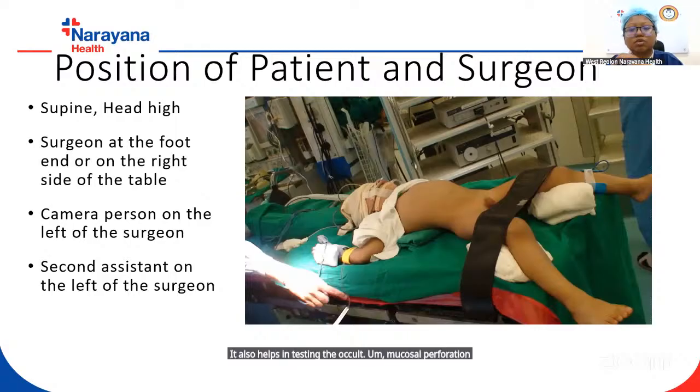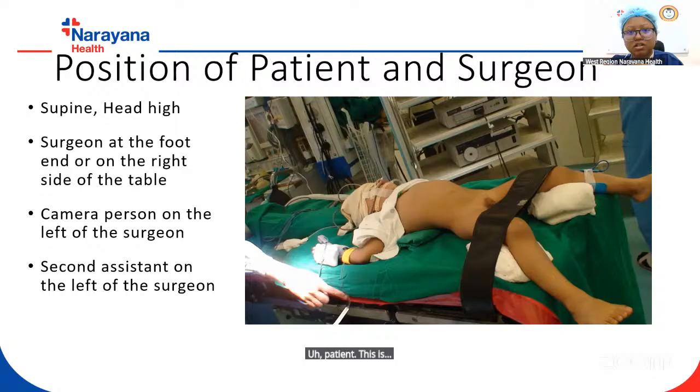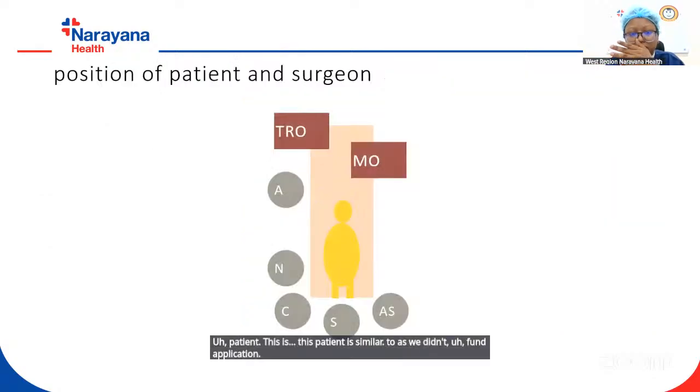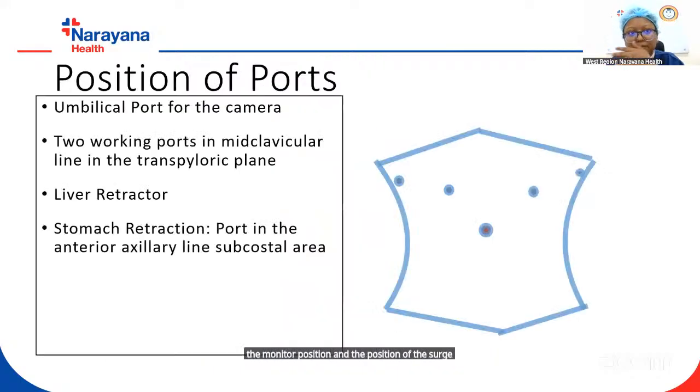This is the position of the patient. This position is similar to what we did in fundoplication. The monitor position and the position of the surgeon are the same. Port position is similar. The umbilical port is used for placement of the camera.